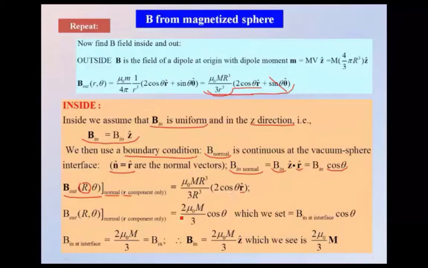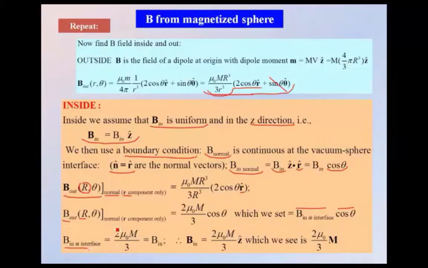So simplifying that then, the magnitude B out at the surface of the sphere is just equal to this quantity here. So we set that to B in at the interface, and that's given by B in, basically, times cosine theta. If we make that connection then, we solve for B in at the interface.